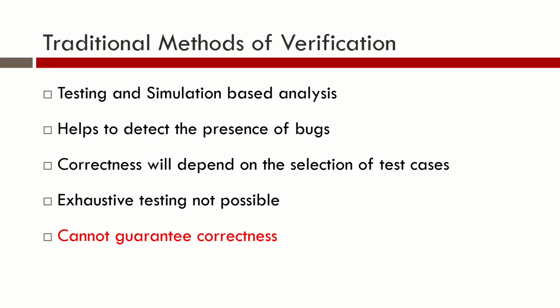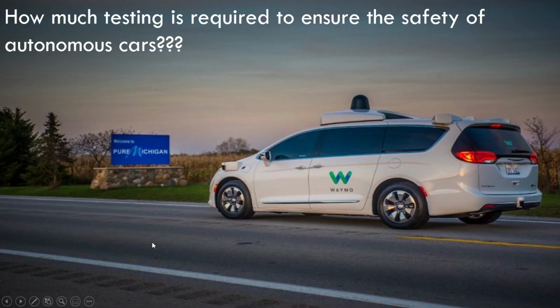It will help us to detect the presence of bugs, but the correctness will depend on how we select the test cases. We will be choosing only a particular set of test cases. We will not be doing exhaustive testing. Exhaustive testing is not possible also. So using testing or simulation based analysis, we cannot guarantee correctness of the system.